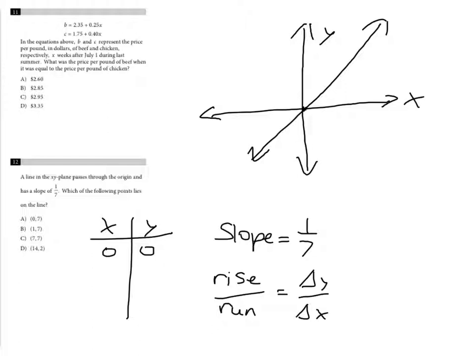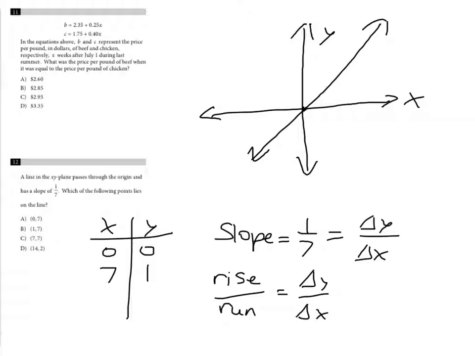What that means is my y values have a change of 1 while my x values have a change of 7. So how does that look for us here? If one of our points is 0, 0, then our next point will be, well, our x's have to have a change of 7 and our y's have to have a change of 1. So 7, 1 is one of our points, and that's not our answer choice. B is close, but it's actually 1, 7, so that's reversed.